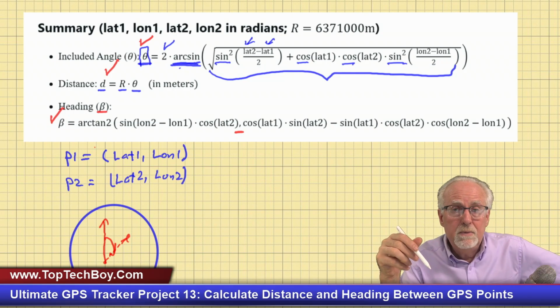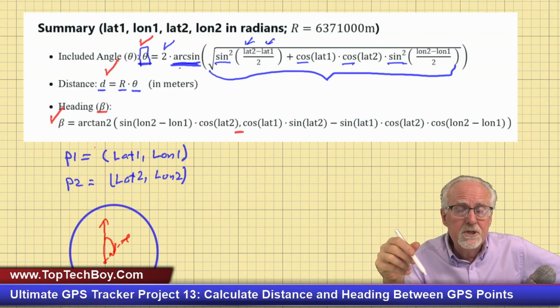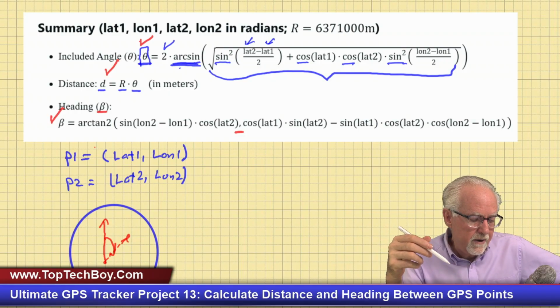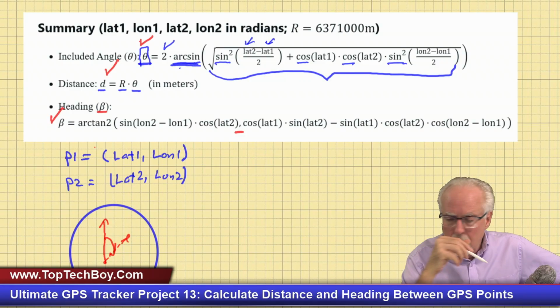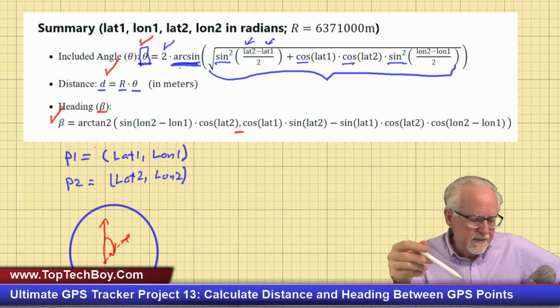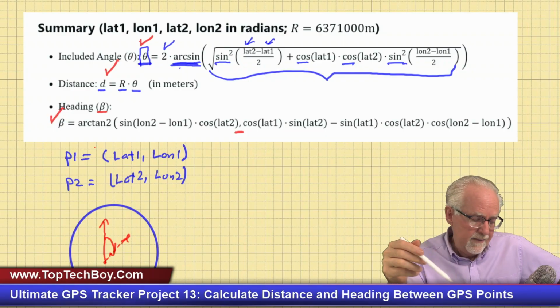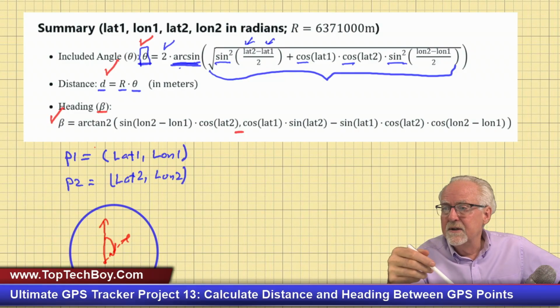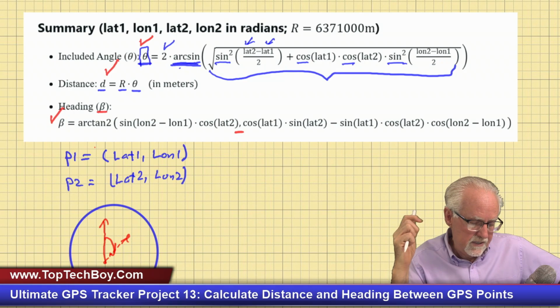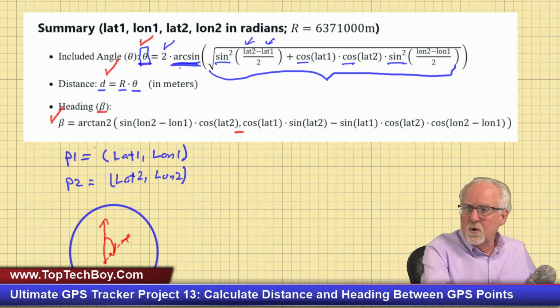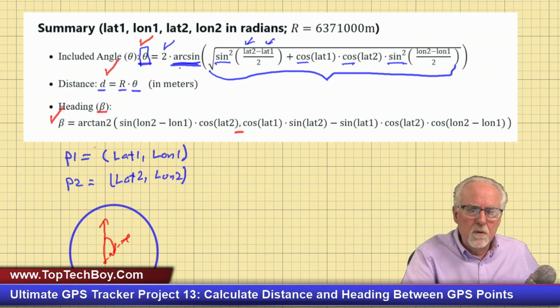I think this would be an excellent place to use a function where you could have a function that calculates d, the distance, and you would pass it lat 1, lon 1, lat 2, lon 2 in decimal degrees, and then the function would convert to radians and then calculate first the included angle, and then from that would calculate the distance and then return distance, and then a second function that calculates the heading based on that equation up there. So that is your homework assignment.